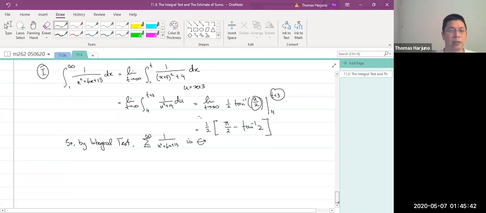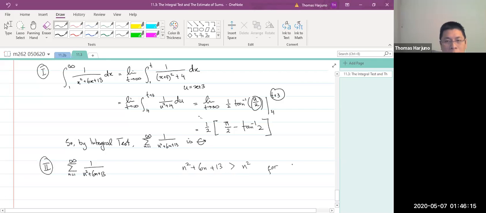That's the first technique. The second technique, something that you're supposed to see later, and it is by accident that I can do this, is for n equals 1 to infinity. The second technique happens to be more general. Notice that n squared plus 6n plus 13 is greater than n squared for n greater than or equal to 1.